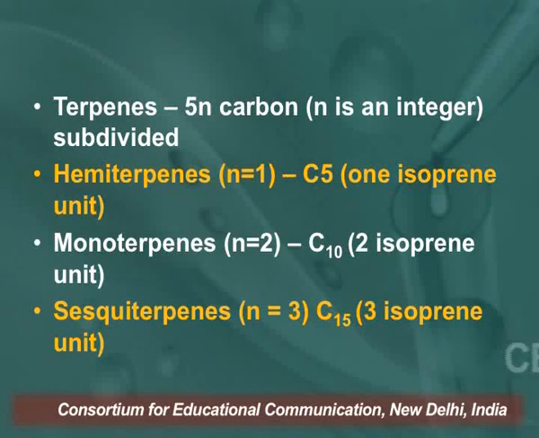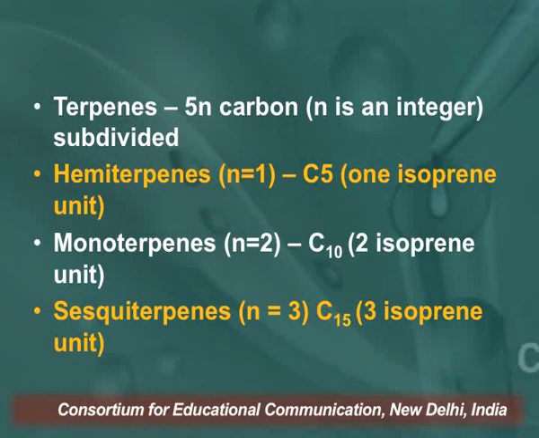So that 5 carbon unit is represented as 5n. n is an integer, and on the basis of n, these terpenes can be subdivided. For example, if n is 1, 5n, it means that C will be 5. It is called hemiterpenes. So hemiterpenes contain only one isoprene unit.